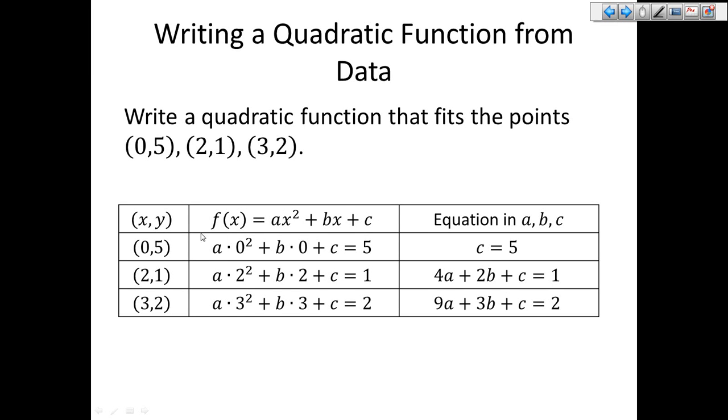So we go ahead and we plug in our x value and set the whole mess equal to the y value. So ax squared becomes a times 0 squared plus b times 0 plus c, and we set it equal to our y value. Now, it was really nice of them to include a 0 comma whatever number, because whenever you see this, this is your c value. So you can see that our c is 5.